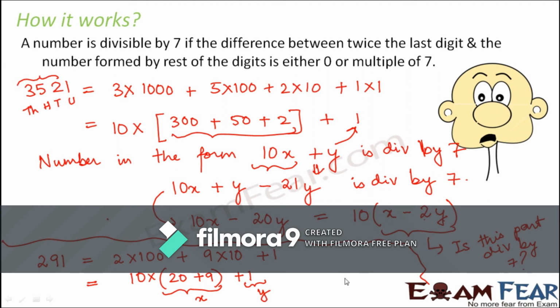Y is this. So what we have to check? We have to check if x minus 2y is divisible by 7 or not. So x is 29 minus 2y, that is 2 into 1. So 29 minus 2 into 1. In fact, that is what we had done in the previous slide to find out if 291 is divisible by 7 or not. So this is how divisibility by 7 works.